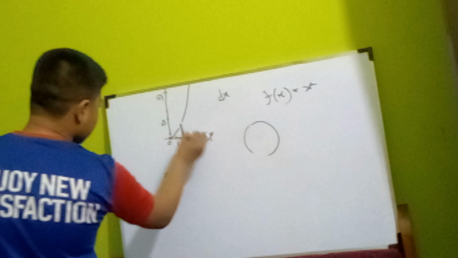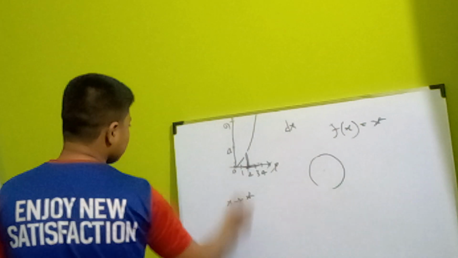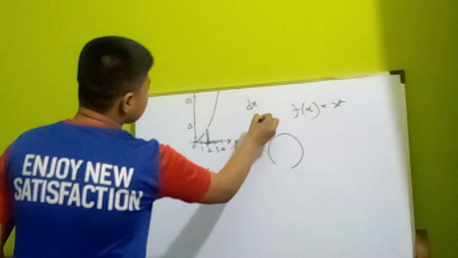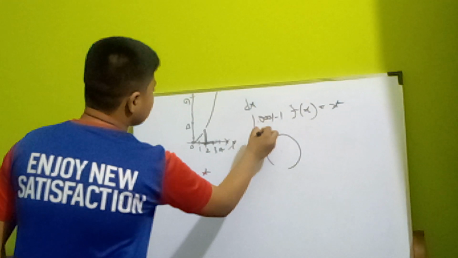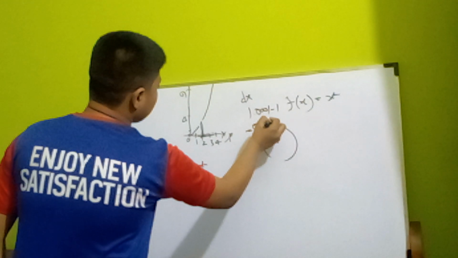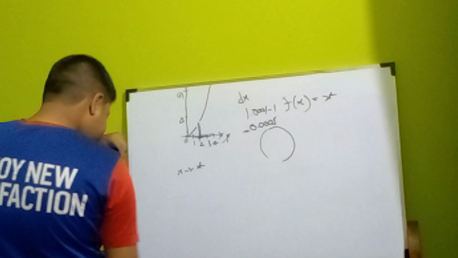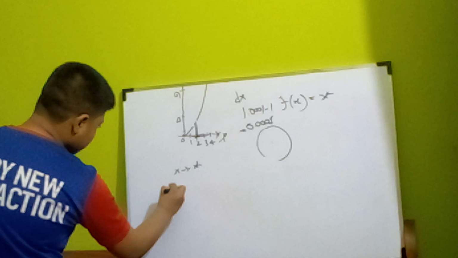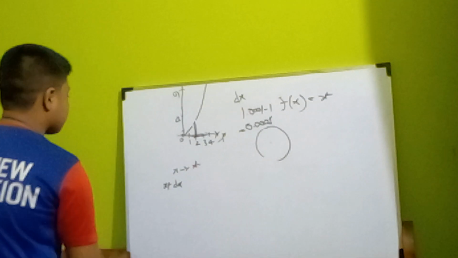Let's say here we have x. The first thing we'll consider is 1. So dx would mean 1.0001 minus 1, or a very small change in 0.0001, I guess. So we'll look at x plus dx.